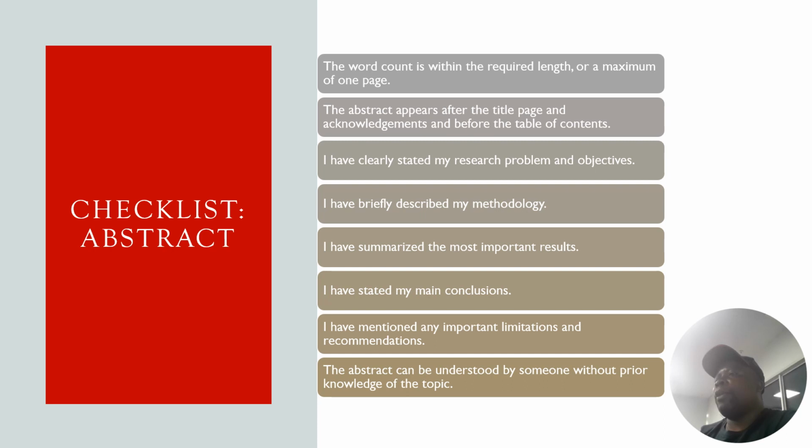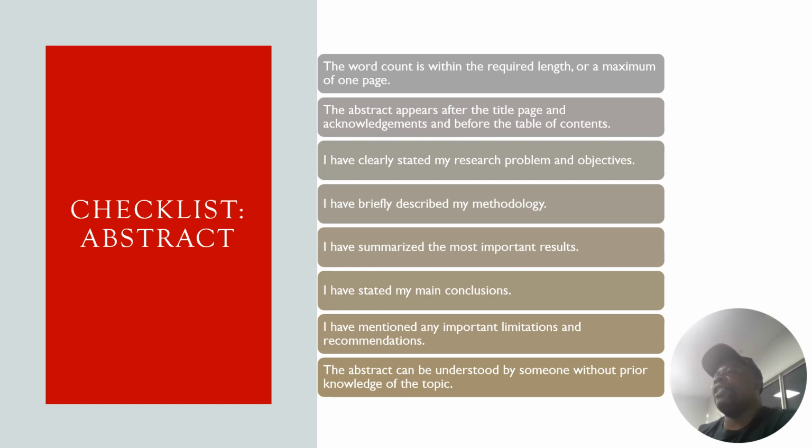State your research problem and objective clearly in your abstract. I have briefly described my methodology. I have summarized the most important results. I have stated my main conclusions, including my position as a researcher. I have mentioned any important limitation and recommendation, and the abstract can be understood by someone without prior knowledge of the topic.